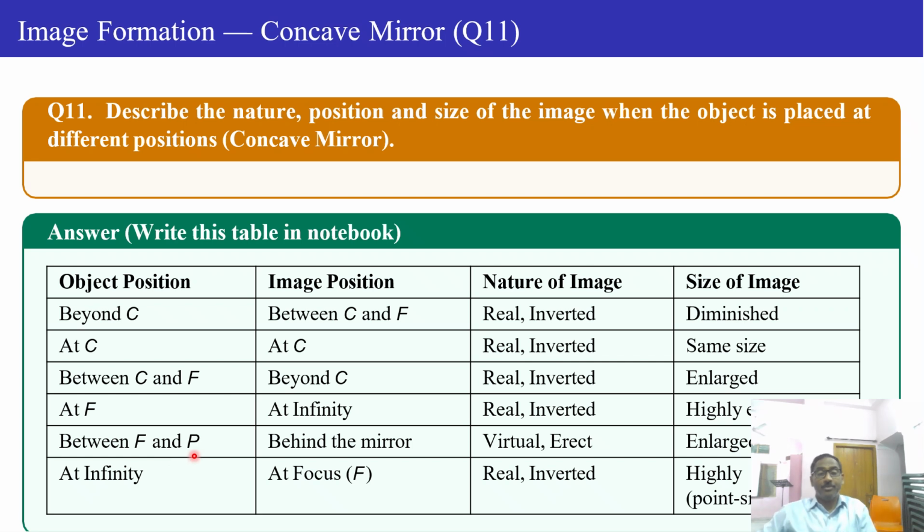Between F and P, if you take the object between focus and pole, what about the image position? Behind the mirror. So the nature of the image is virtual, erect, enlarged. Size of image: enlarged.